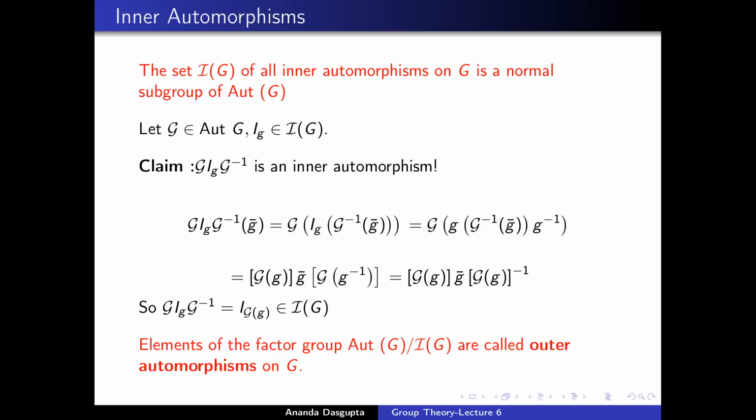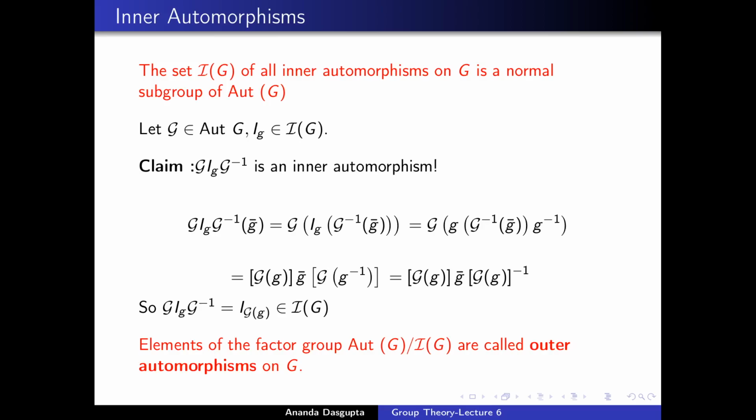Now, of course, if you have normal subgroups, then you can also produce a quotient group or a factor group using this. Remember, in a factor group, cosets of the normal subgroup are really the elements. And when you say cosets are the elements, what you are really doing is that if two elements are congruent modulo the normal subgroup, you lump them together in one single class. In a sense, automorphisms which differ only by an inner automorphism are sort of identical.